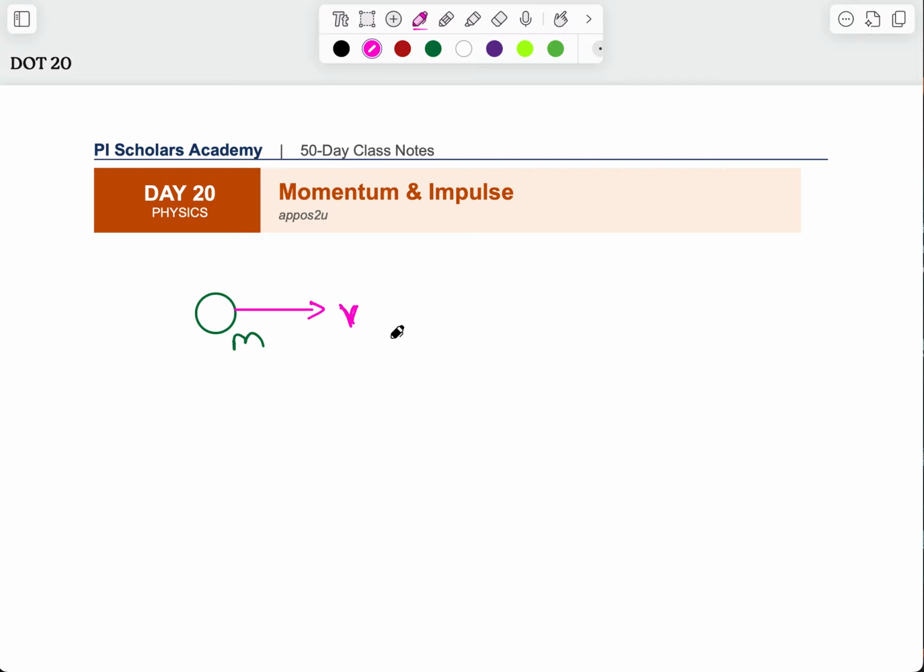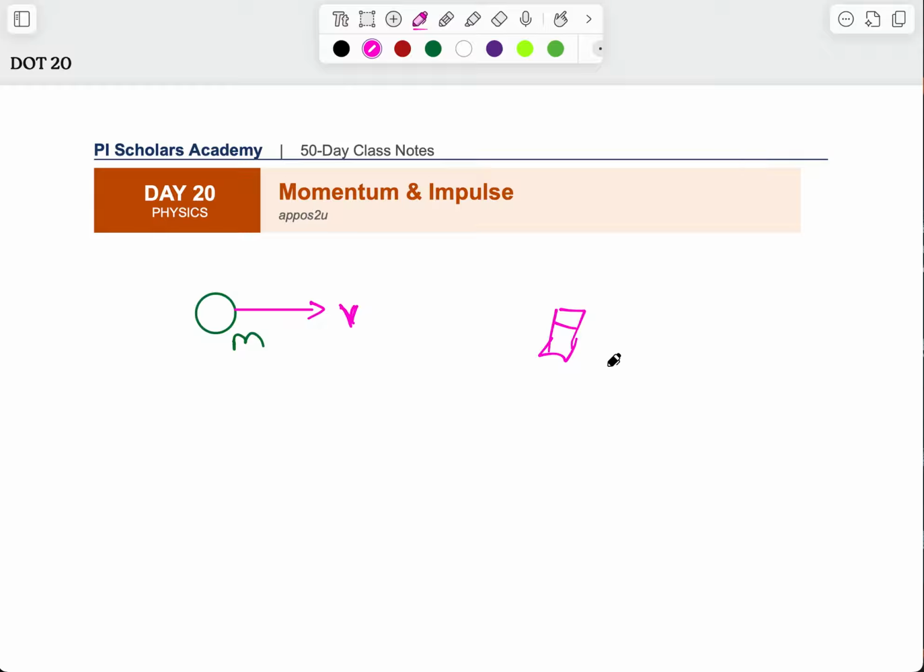Momentum is actually the combination of the mass of a body and the speed with which it is moving. To put it into perspective, let's say this is a bullet.